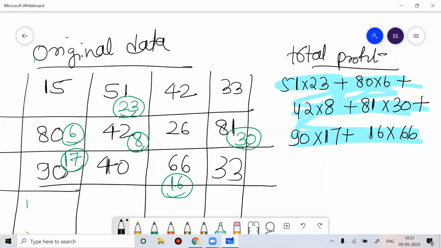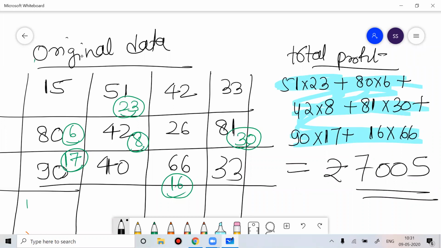If you calculate, your total profit will come around 7,005. So you do the calculation this way and find the total profit equal to 7,005.